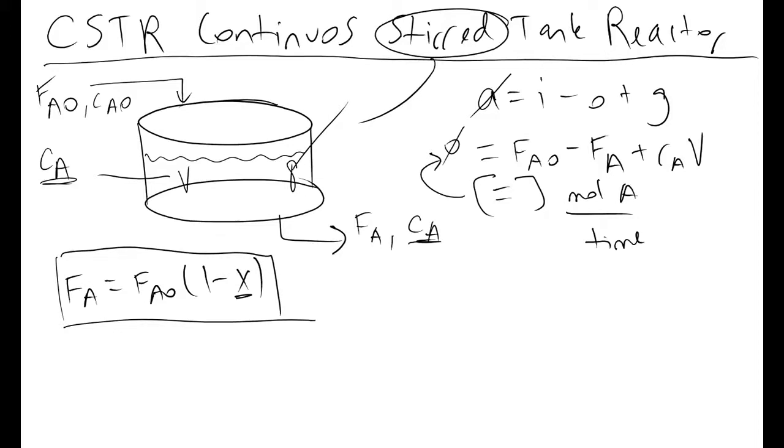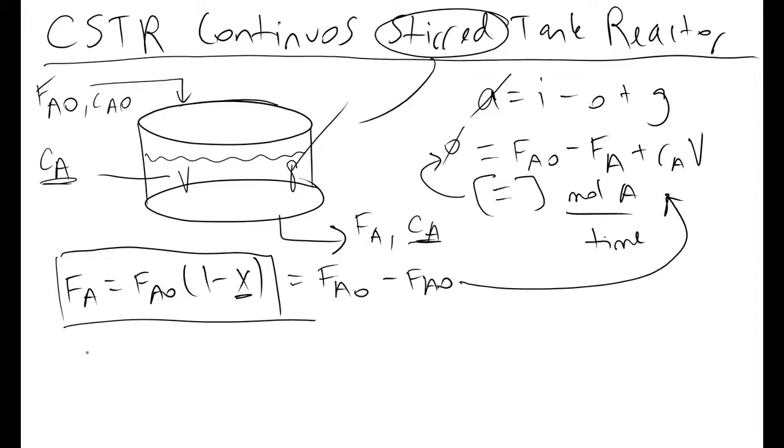The next thing we're going to do is expand this slightly, and say that FA is equal to FA naught minus FA naught X, and then plug this into our mole balance above.